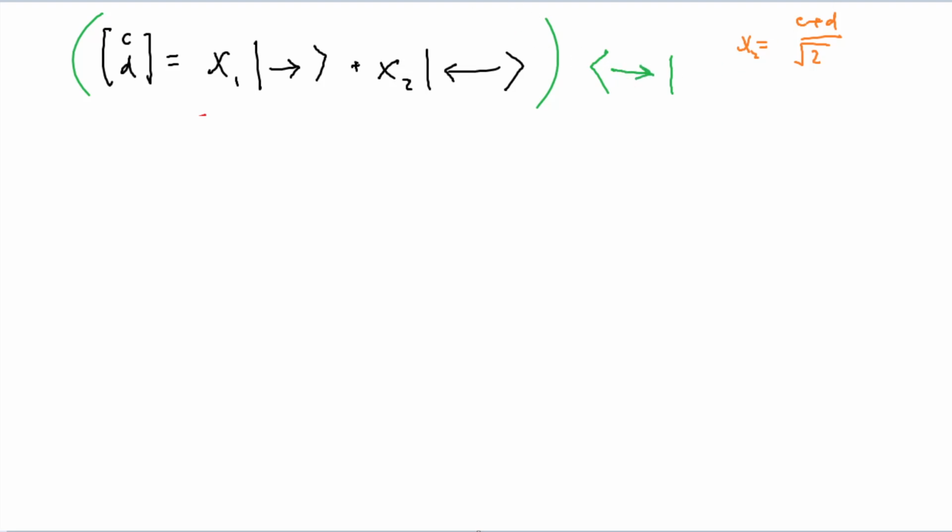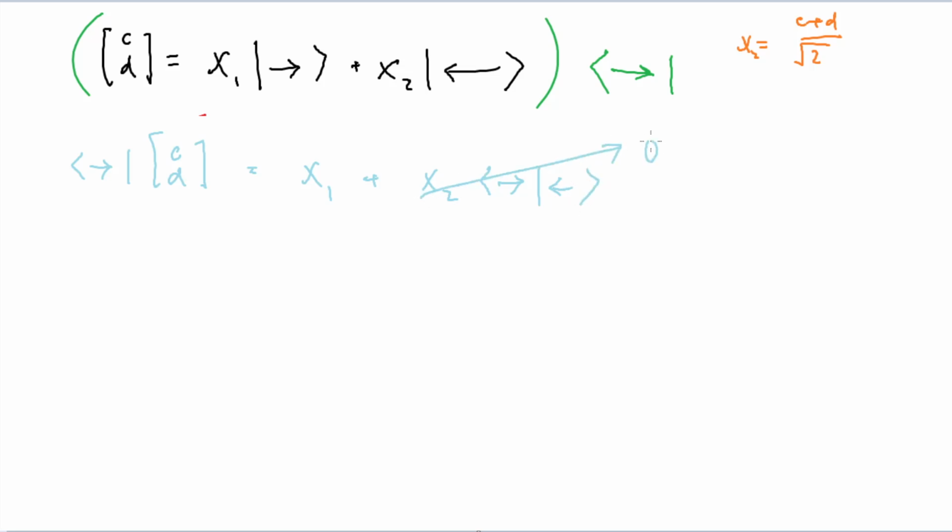And so what we end up with is that CD times your bra vector to the right should be equal to, using the same kind of method, x1 plus x2 times these opposite direction vectors.